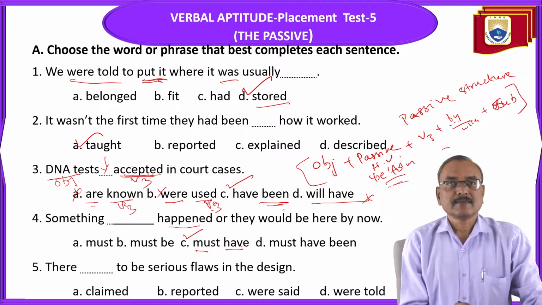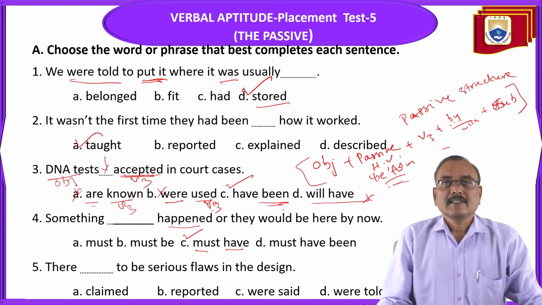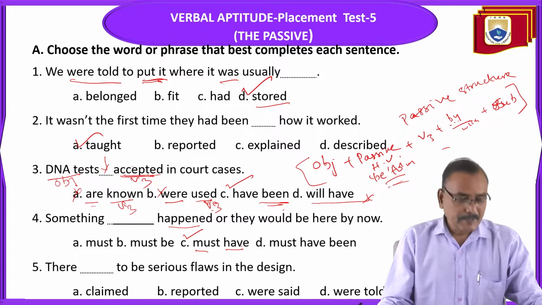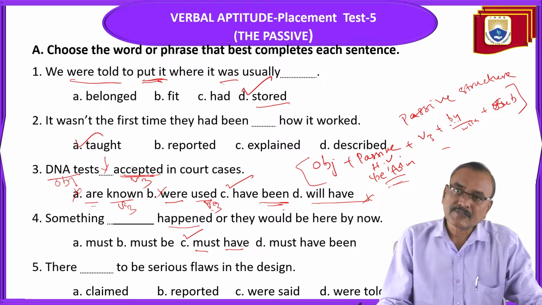Next, the fifth one. "There dash to be serious flaws in the design." "Their claimed" is wrong. "Their reported" is wrong. "There were said to be serious flaws." "Were said", okay.